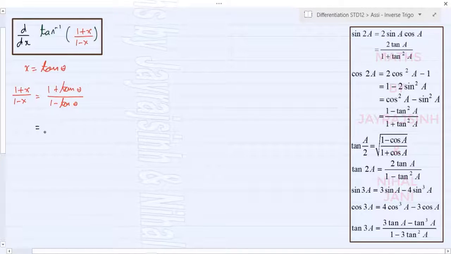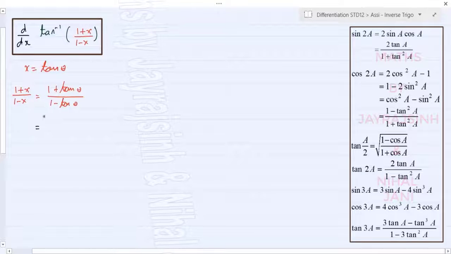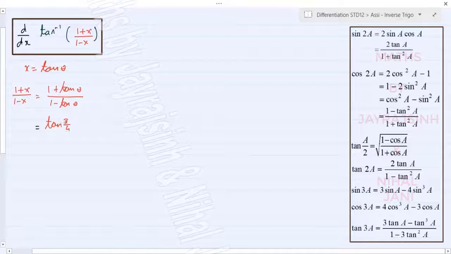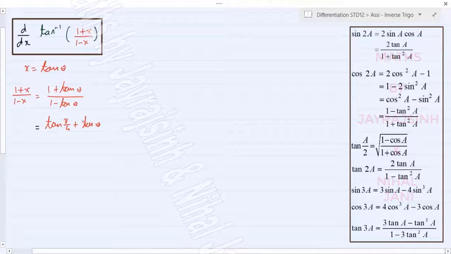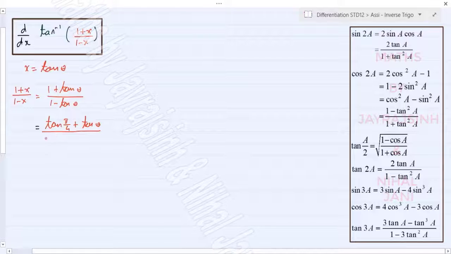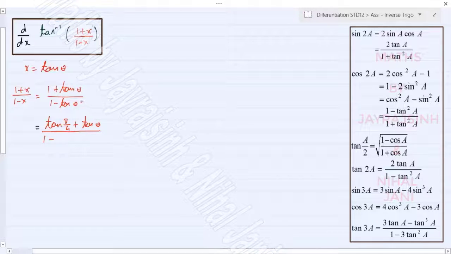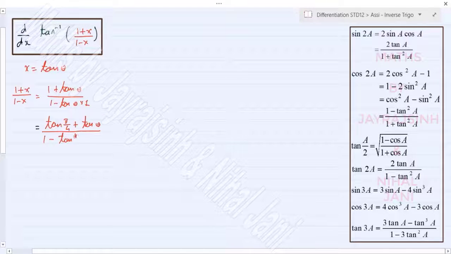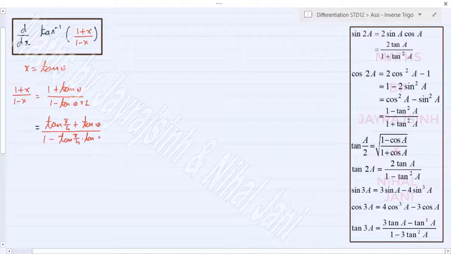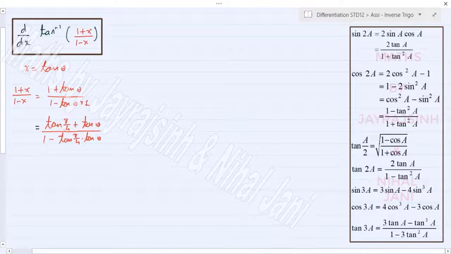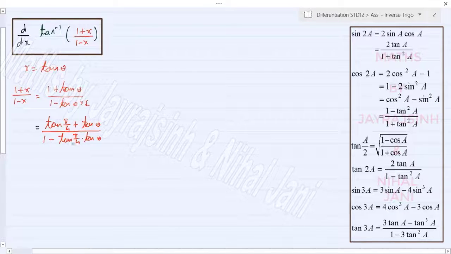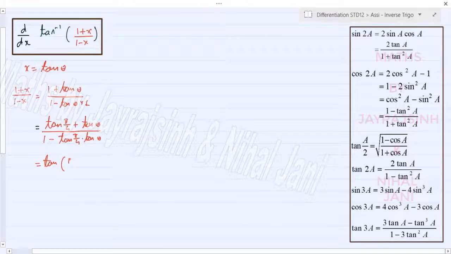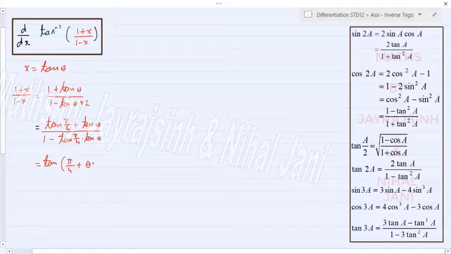Now, to simplify this, we can rewrite the 1 as tan pi/4, plus tan theta as it is, and in the denominator, 1 - tan theta is already multiplied by 1, so this is nothing but 1 - tan pi/4 tan theta. So here we get the form (tan alpha + tan beta) upon (1 - tan alpha tan beta), which is tan(alpha + beta), or we can say tan(pi/4 + theta).